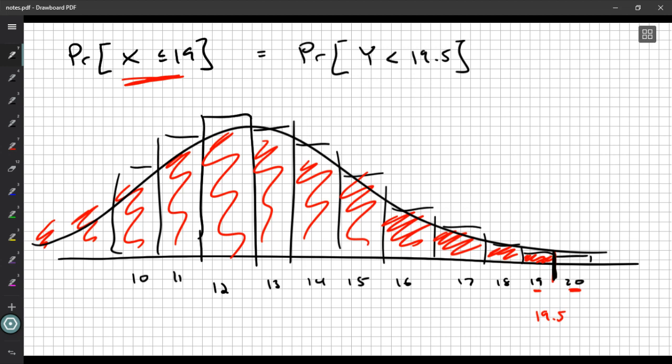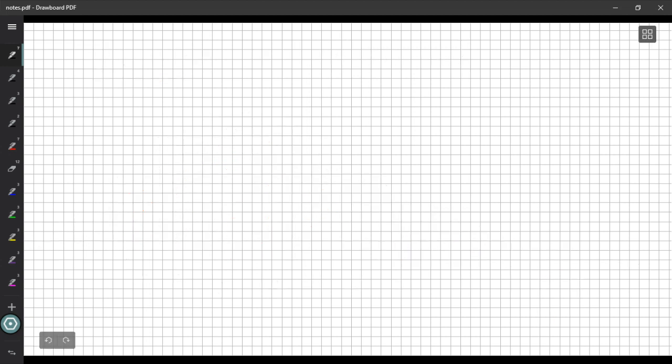Right? So we use the mock histogram, and now we've changed from a discrete random variable that we were interested in to a continuous one. And now, well, how do we answer this new question? Well, it's a non-standard normal random variable, so what we're going to do is change it to be in terms of the standard normal, because this has a chart we can easily look things up. How do we do that?